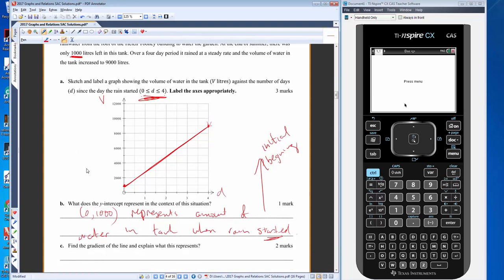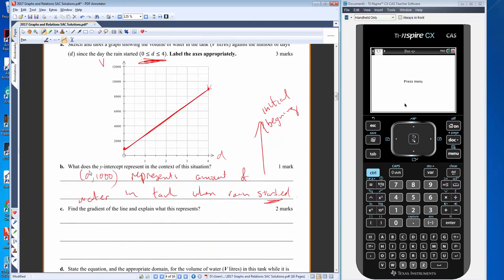The gradient. What you needed to do was use the 2 coordinate points, which were (0, 1000) and (4, 9000), and whatever method you used, you didn't even have to show working out, although many of you did. You would have found that m equals 2000, and then you had to explain what it represents.